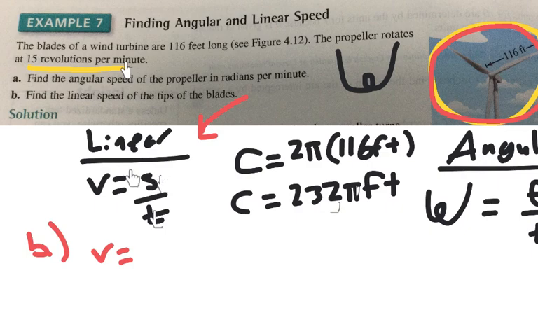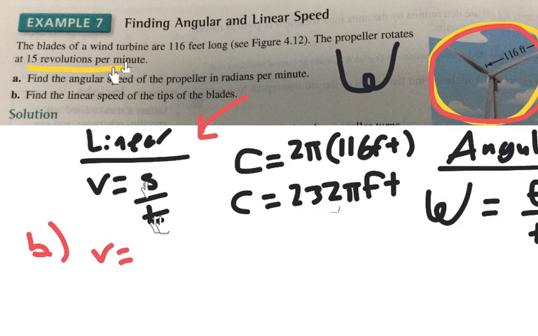If you do it that way, your number on top is going to be very large, but your T will be nice to work with. It's just going to be 1 minute. Another way that you could do it is you could say, well, if there's 15 revolutions in a minute, that means there is 1 revolution every 4 seconds, right? Because 4 times 15 is 60 seconds. So then you could say that this is my S, and you could divide it by 4 seconds. That's another option that you have. I'm going to go with the first option.